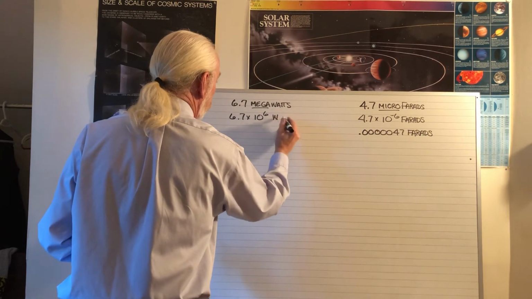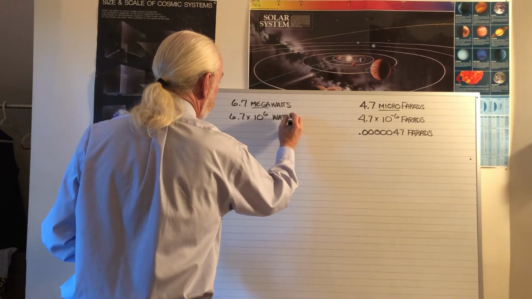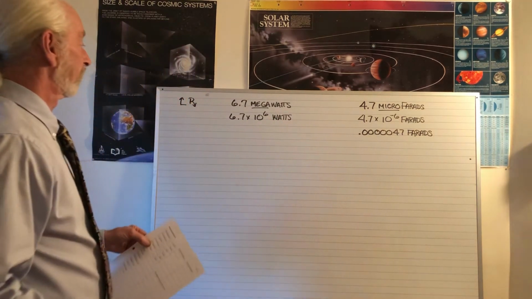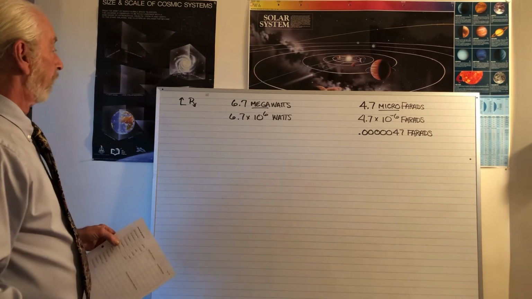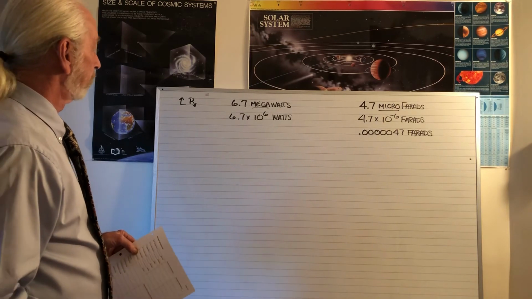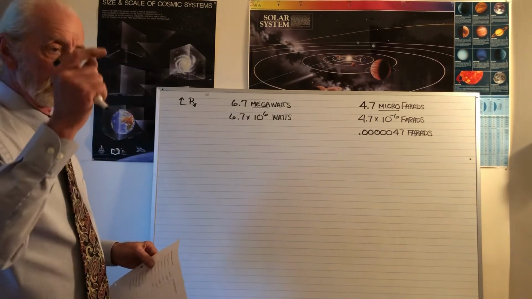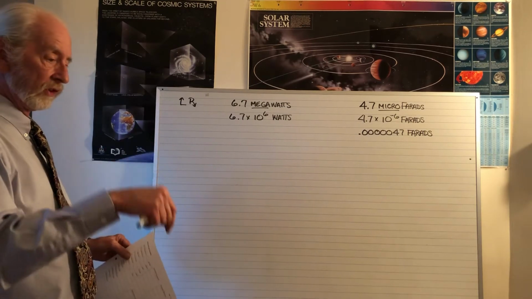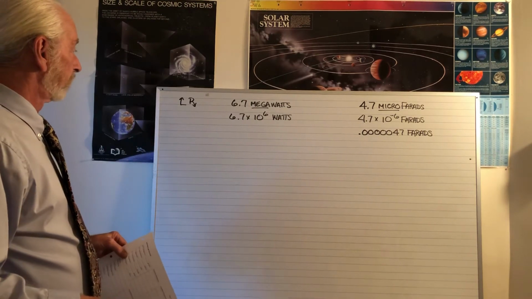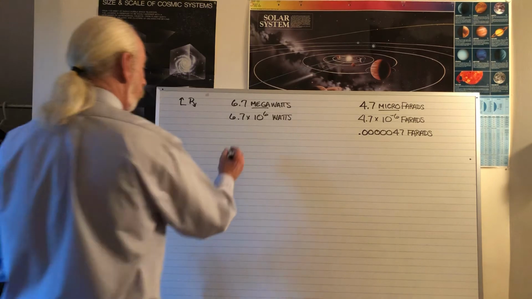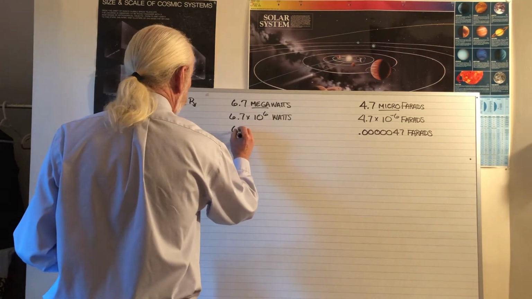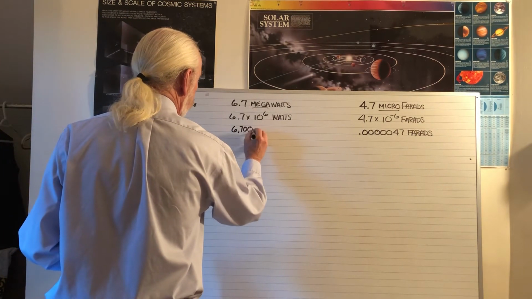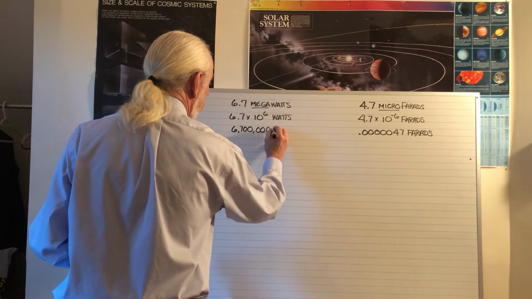Positive 6 watts. 6.7 times 10 to the 6 watts. All right, I'm going to go to standard notation. From a 6 to a 0, my exponent moves down. Means that my decimal point moves to the right. So 6,700,000 watts.